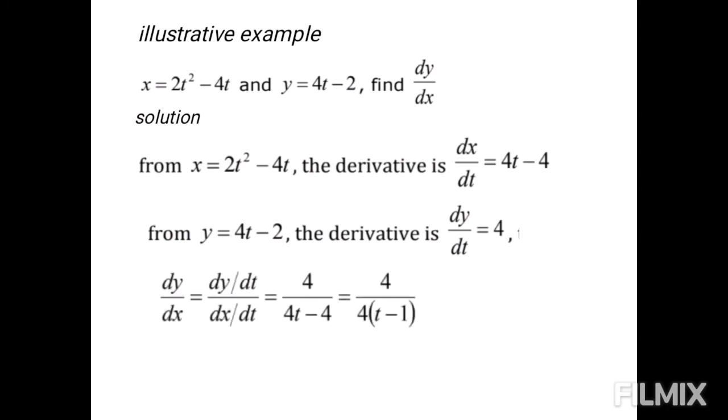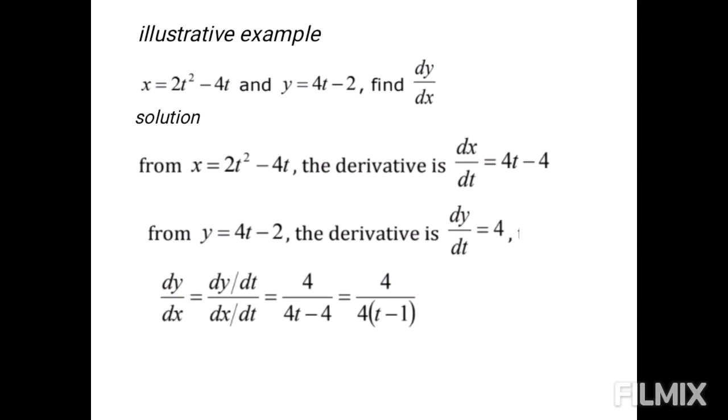It is equals to the quotient of the derivative of y with respect to t all over the derivative of x with respect to t. So we have the derivative of y here, which is 4. So we got it as a numerator all over our derivative for our x in terms of t. That's why we have 4t minus 4 here. And just simplify.